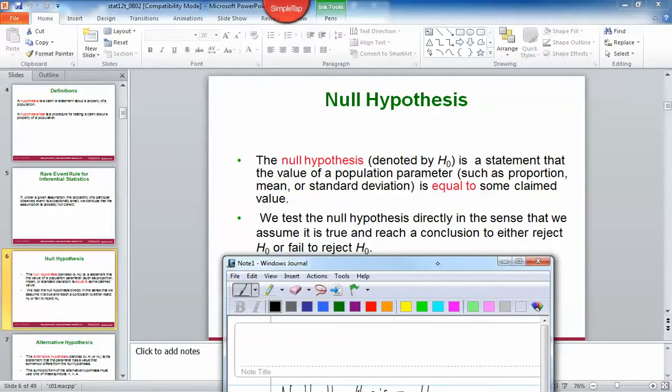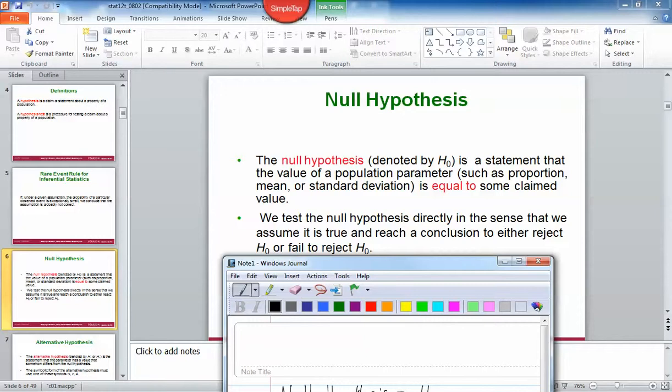Alright, we test the null hypothesis directly in the sense that we assume it is true and reach a conclusion to either reject H sub 0 or fail to reject H sub 0. Notice we don't say that it's either true or false.